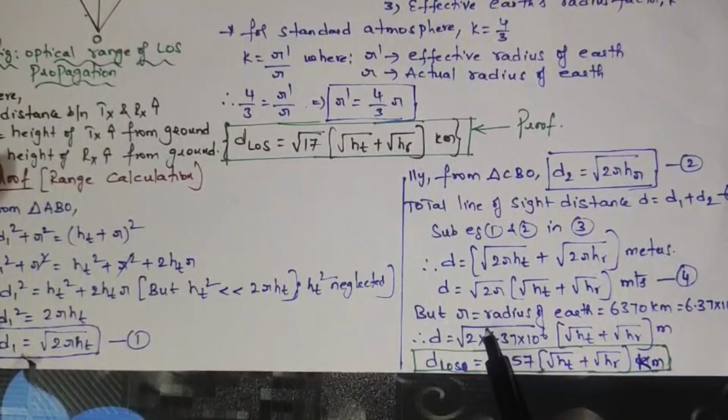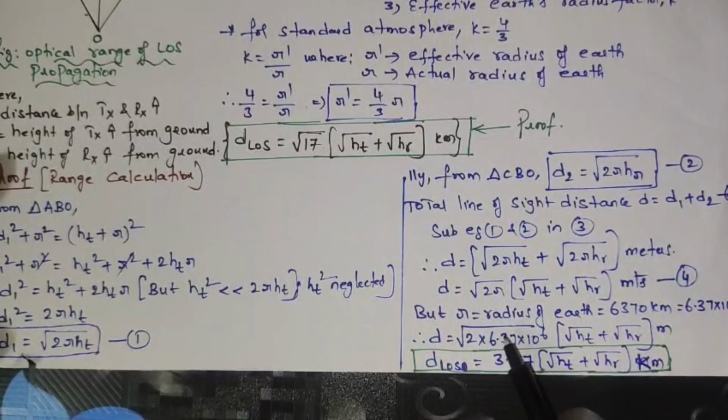But r is the radius of the earth, given as 6370 kilometers. This can be rewritten as 6.37 into 10 power 6 meters. Now substitute this in the r value. Then equation 4 becomes square root of 2 into 6.37 into 10 power 6, into square root of HT plus square root of HR in meters.